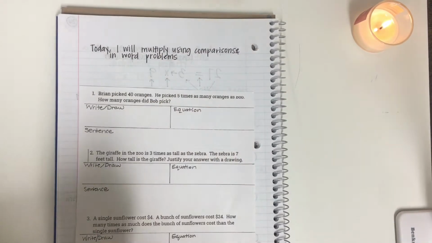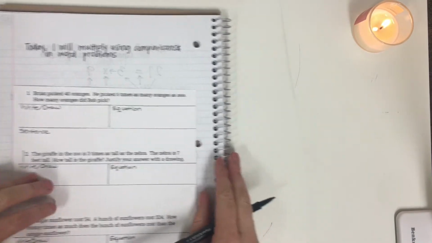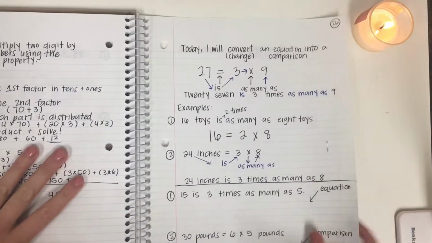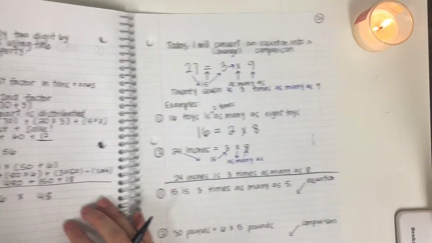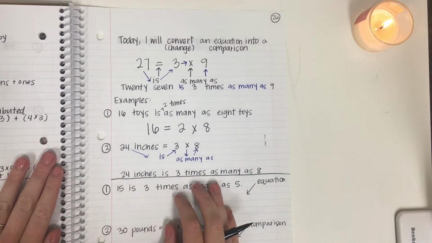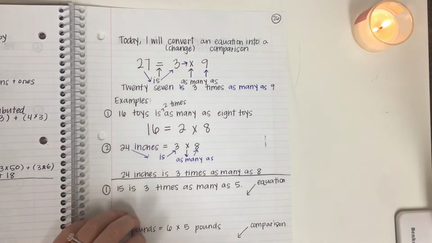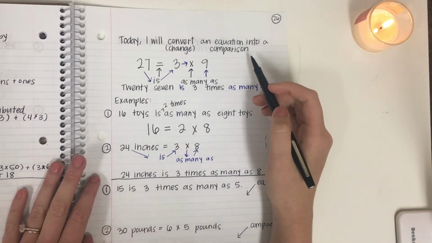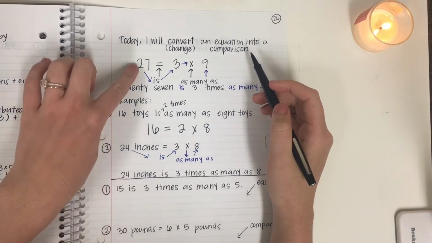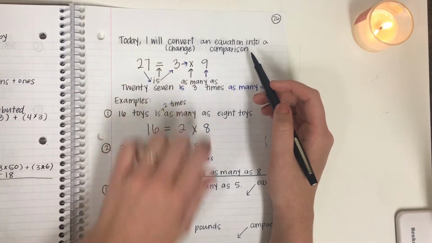Okay, so let's look back at our notes really quickly from yesterday. Yesterday we looked at converting an equation into a comparison sentence. So we looked at how if we had 27 equals 3 times 9, we could say it in a comparison sentence by saying 27 is 3 times as many as 9.